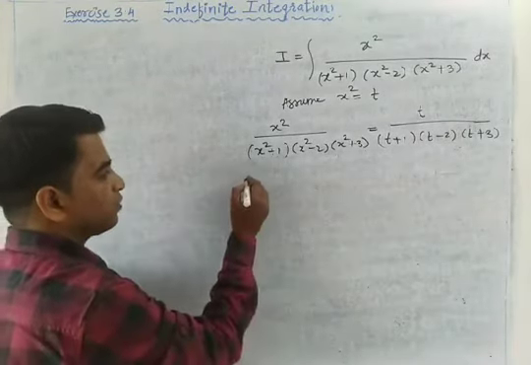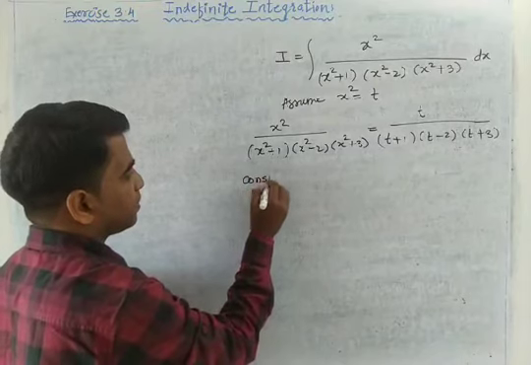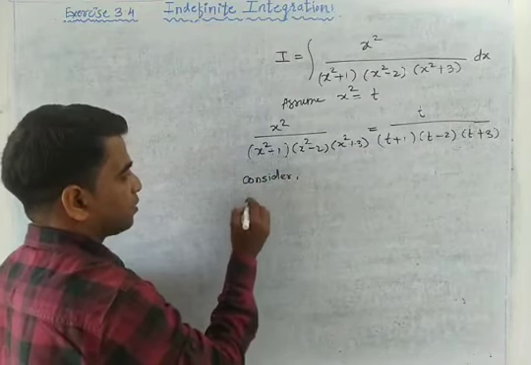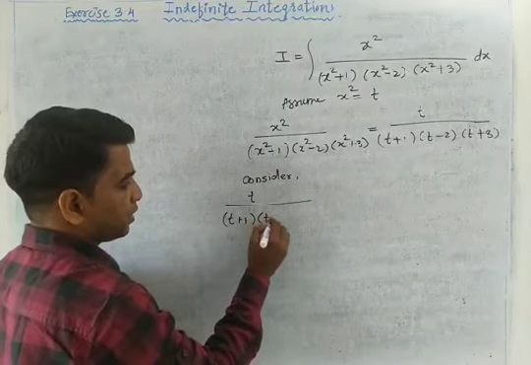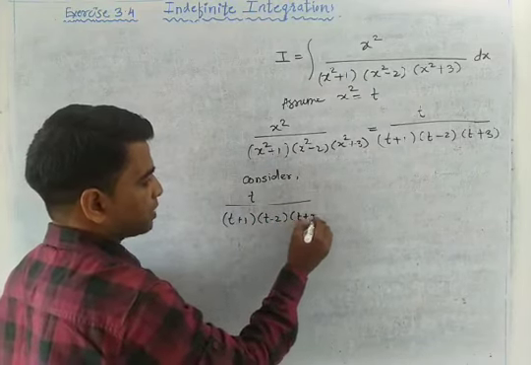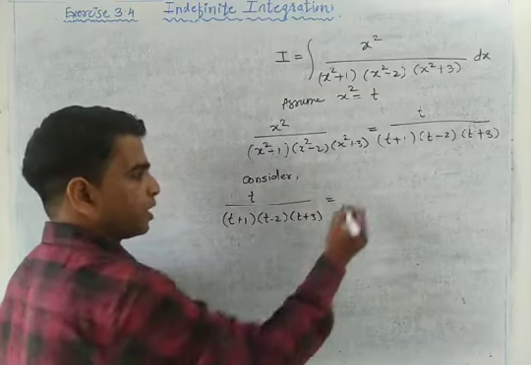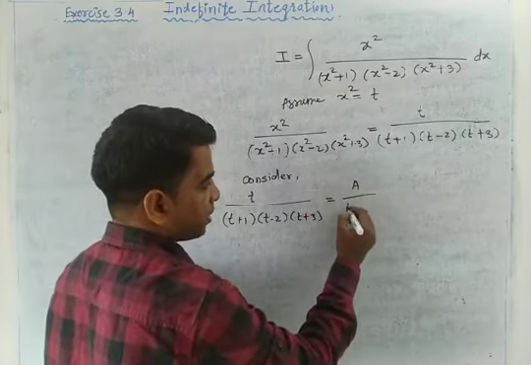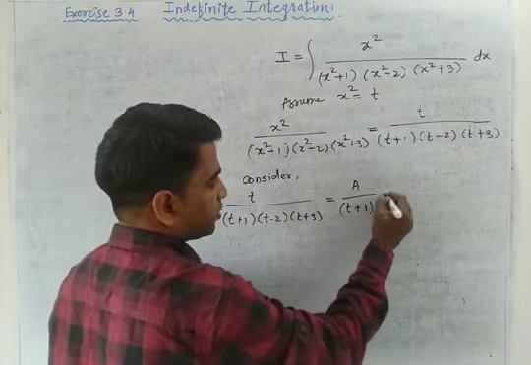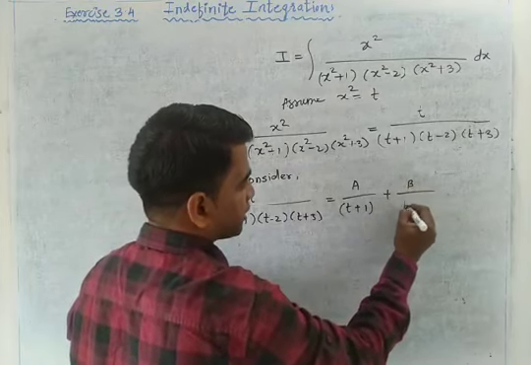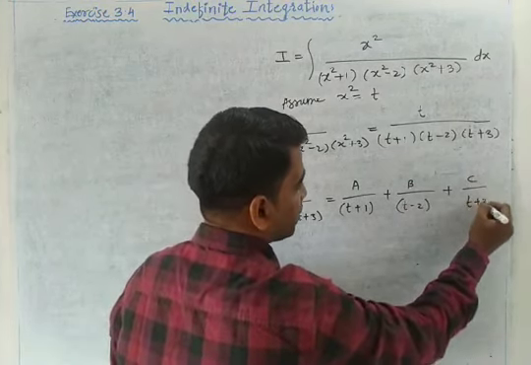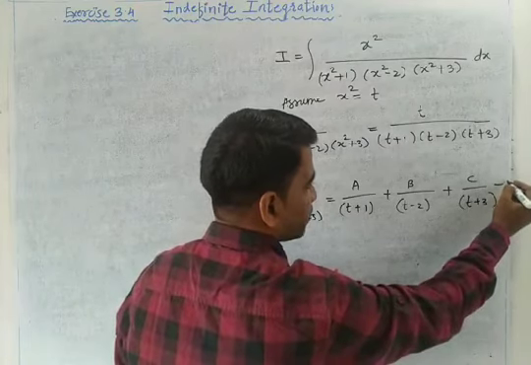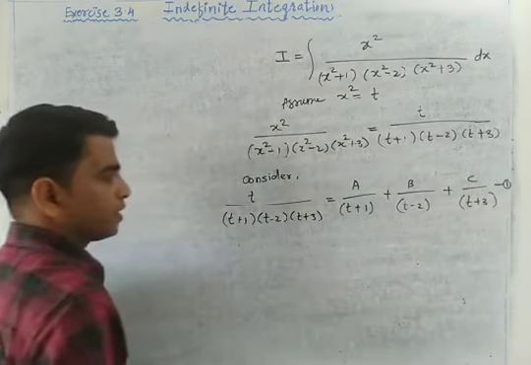Okay, so consider t upon t plus 1, t minus 2, t plus 3 is equal to a upon the first factor, that is t plus 1, plus b upon the second factor t minus 2, plus c upon the third factor t plus 3. Equation number 1. Get that?